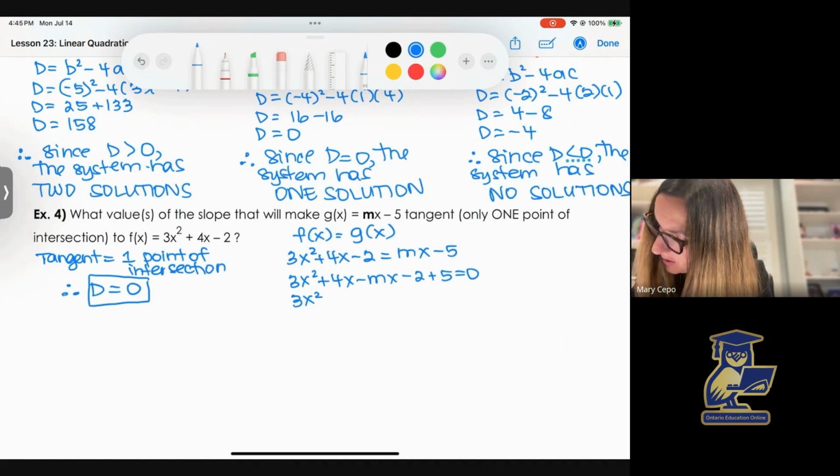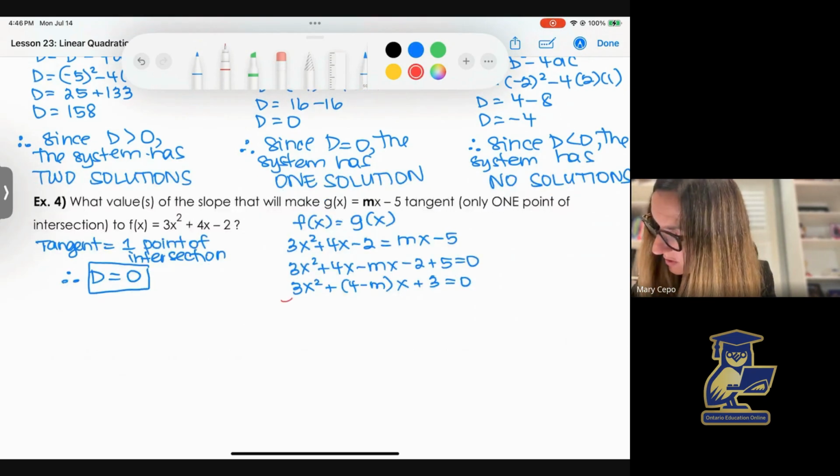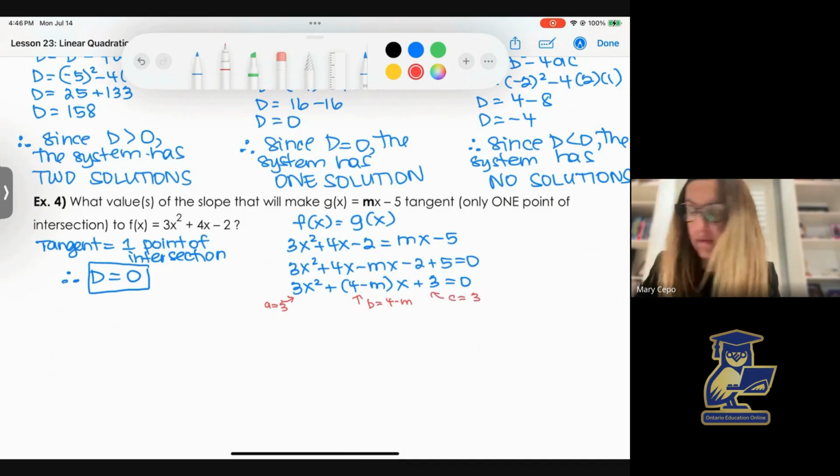We can factor out that x. We're going to have 4 minus m. And then negative 2 plus 5, which is positive 3, has to equal 0. So in this case, we're dealing with an expression for b. So a is equal to 3. B this time is equal to 4 minus m. And c is equal to 3.